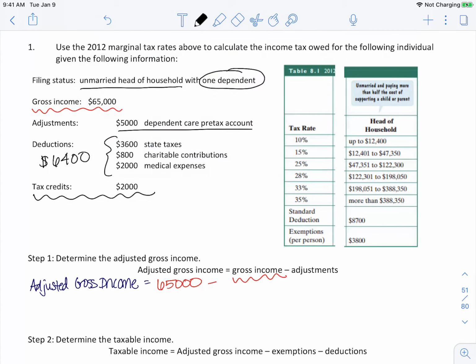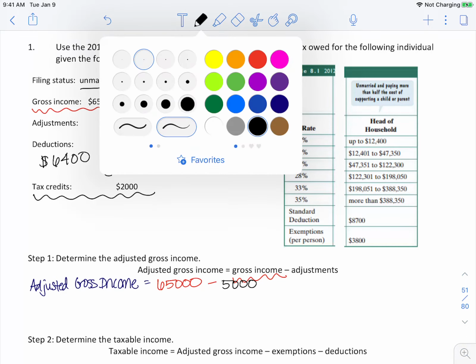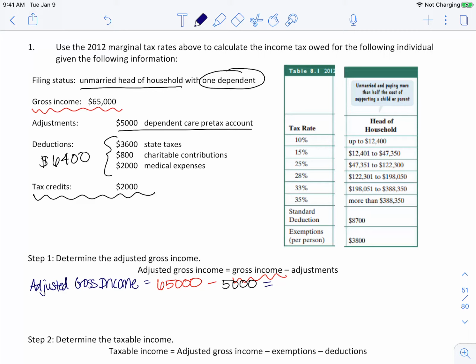And we can see the adjustment we have here is the $5,000 dependent care pre-tax account. So we can see this is going to give us $60,000.